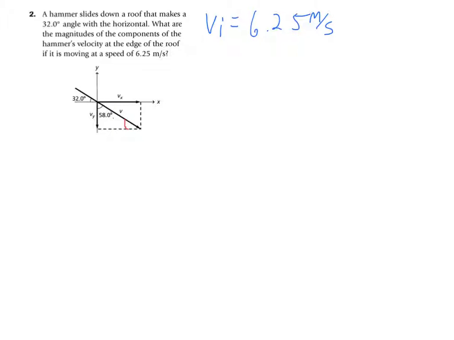If you go with a 32, you have to be careful and actually look at how you're going with it. If you go with a negative 32, or you could use 58 in any of these calculations.